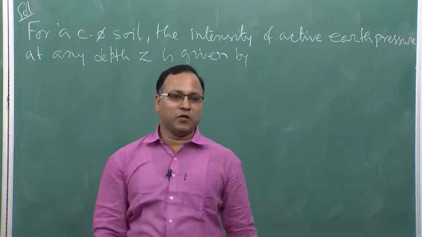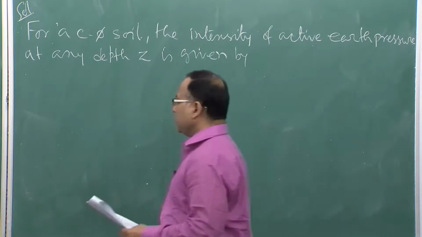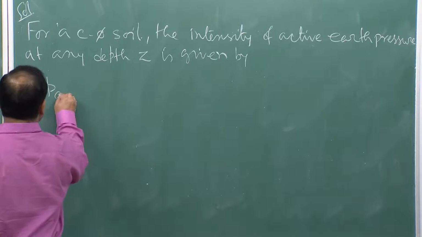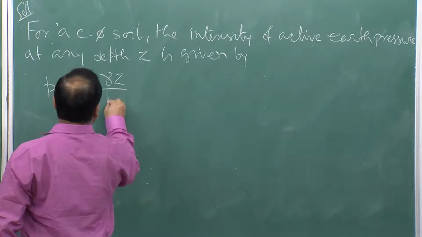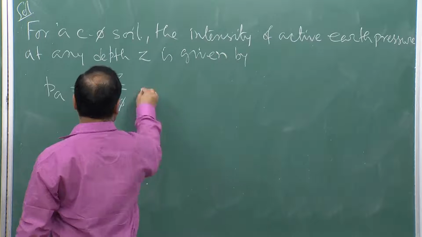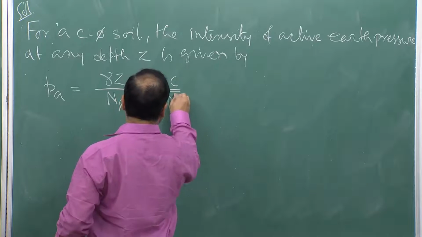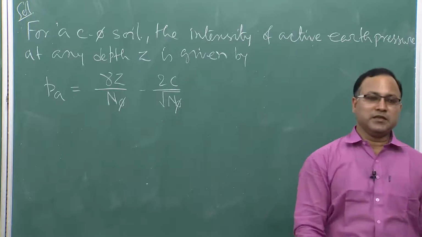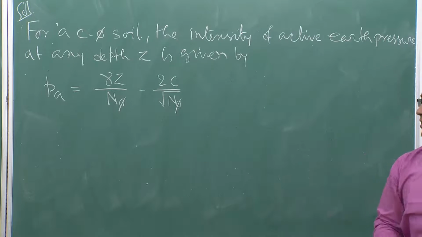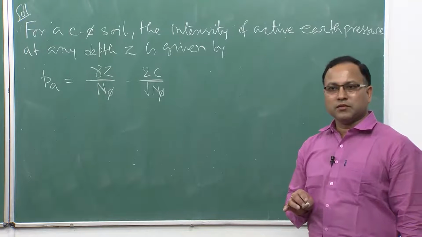You know that, right? We have already discussed this in the lecture. The active earth pressure is PA equal to gamma z by N phi minus 2c by root over N phi. This is the active earth pressure intensity at any depth z in C-phi soil, is it not?